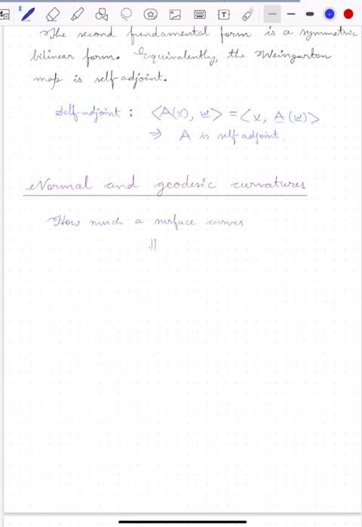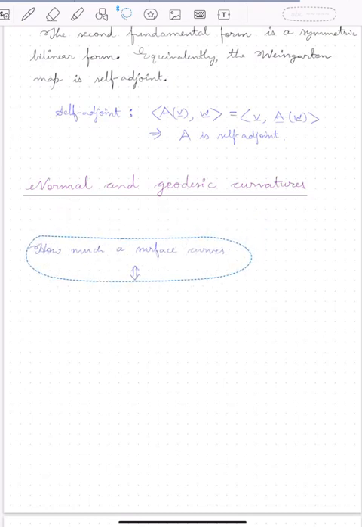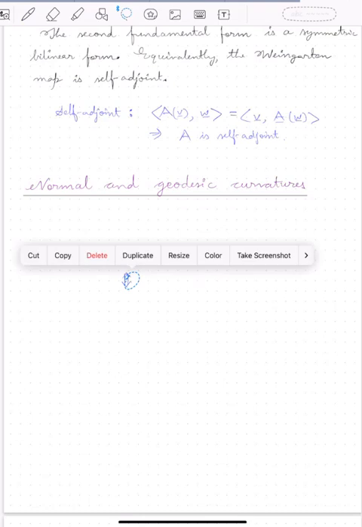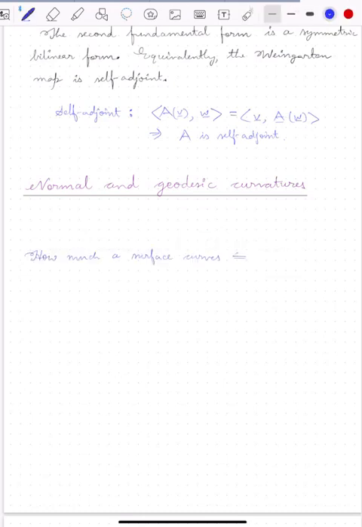It is equivalent to looking at the curvature of curves on the surface.